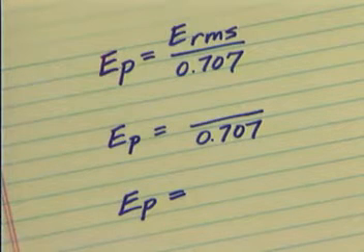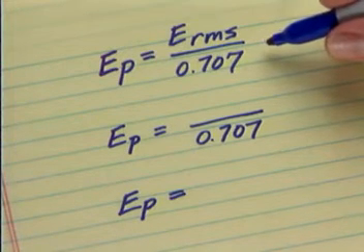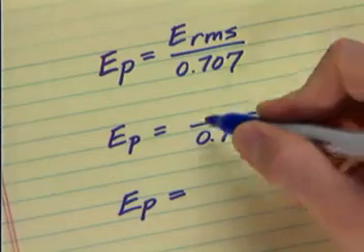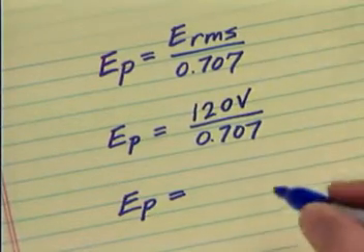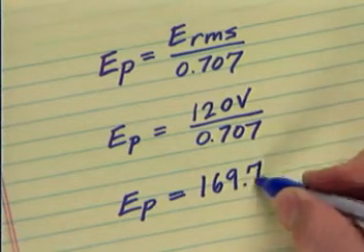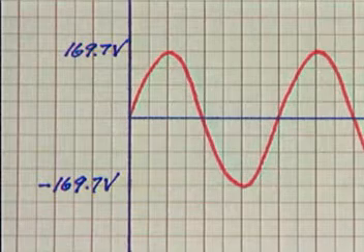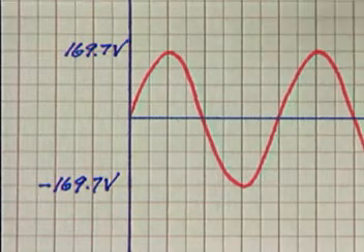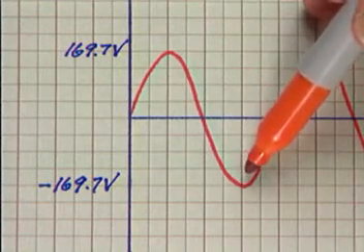Let's determine the peak value by applying the formula E sub P equals E sub RMS divided by 0.707. Dividing 120 volts by 0.707 yields 169.7 volts peak. This instantaneous peak value occurs twice each cycle, at the positive peak and at the negative peak of the cycle.